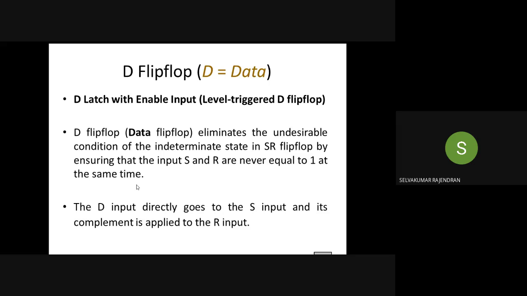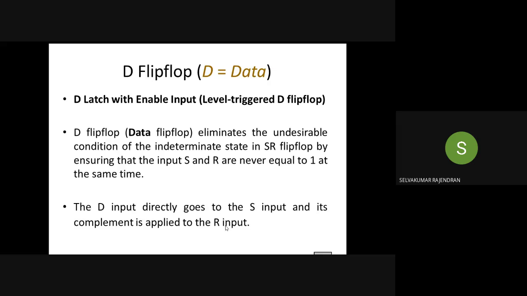That is, the D flip-flop, or data flip-flop, eliminates the undesirable indeterminate state of the SR flip-flop by ensuring that the inputs S and R are never equal to 1 at the same time. The D input goes directly to the S input and its complementary form is applied to the R input.